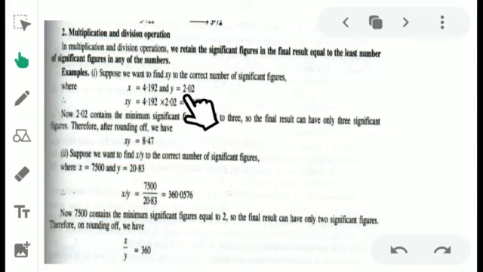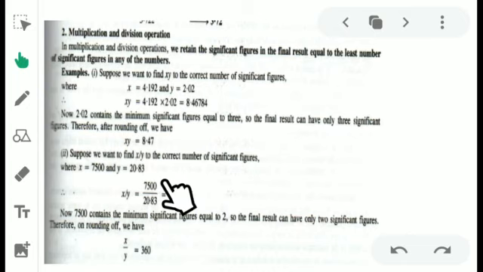So the final answer we round off to the minimum significant figures, that is 8.46, then 7 is here, so rounded off it is 8.47. So in the final answer the number of significant figures is 3, the same as 2.02, which also contains 3 significant figures.